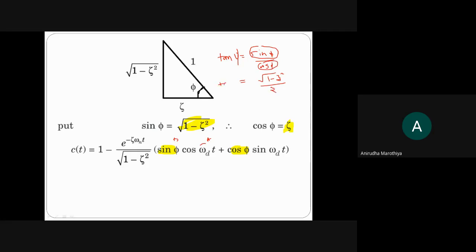So tan phi is under root 1 minus zeta square whole divided by zeta. From this expression, to calculate phi, I can write phi as tan inverse of under root 1 minus zeta square whole divided by zeta. Barabar hai?